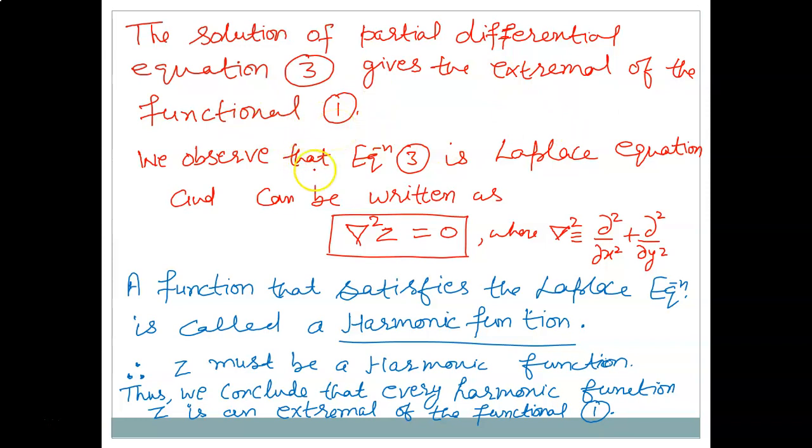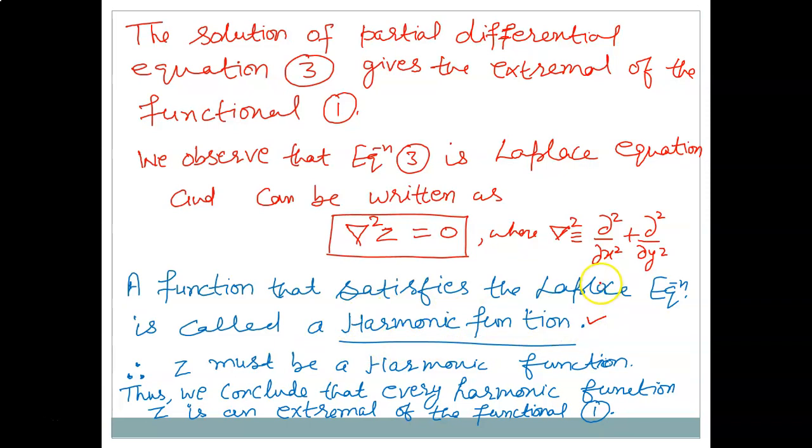We observe that equation 3 is the Laplace equation and can be written as del square z equal to 0, where del square is this operator. So when a function satisfies the Laplace equation, that function is called a harmonic function.